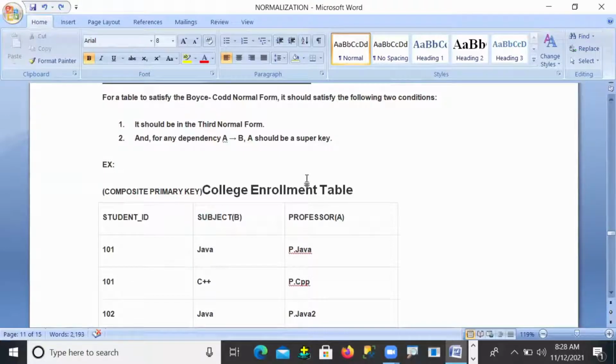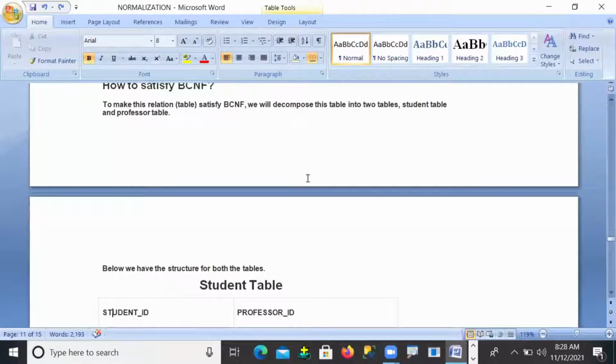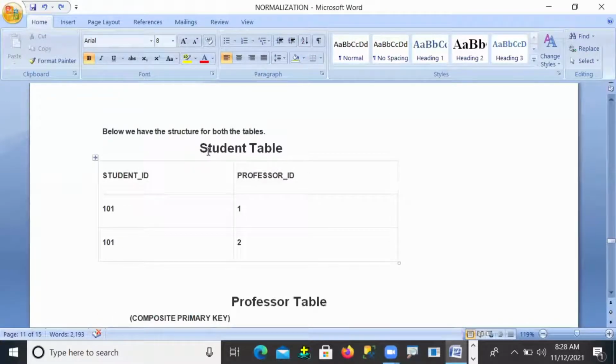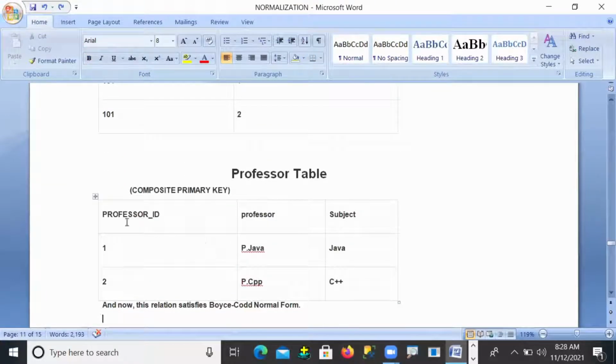Now, to avoid this, we have to separate it. In one table I maintain the student table with student ID and professor ID. These are the two columns I maintain. And in the professor table, I take professor ID, professor and subject.